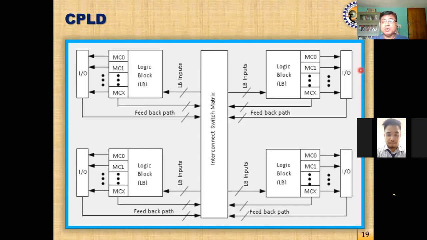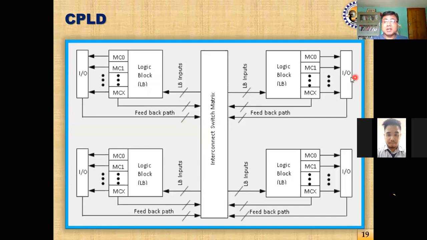This is the IO block with the IO pins, which receives external input, and this input will go to the interconnection switch matrix. Through this interconnection switch matrix, you can feed the inputs to the logic block, routing them whichever way you like.